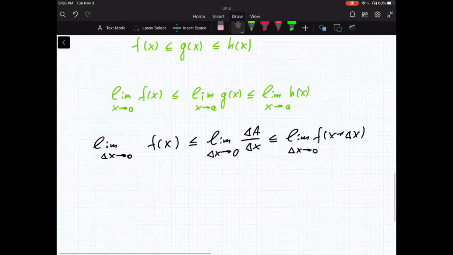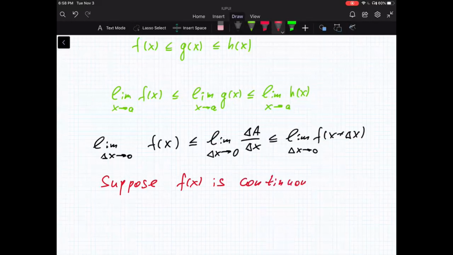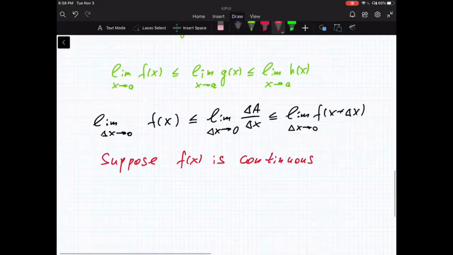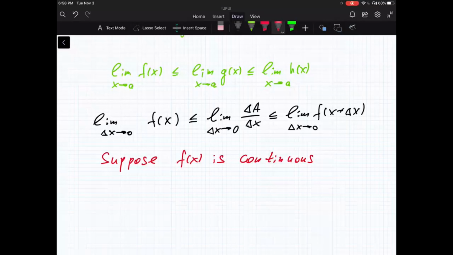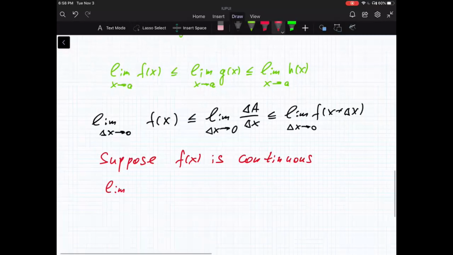And suppose our function is continuous. Then, by definition of continuity, the limit of f of x plus delta x when delta x goes to 0 is equal to f of x.